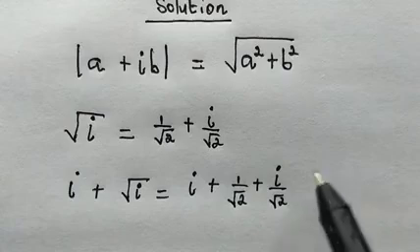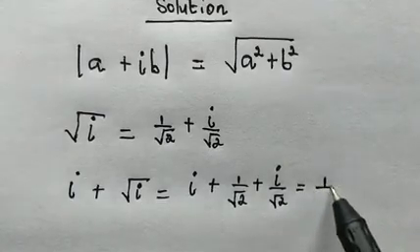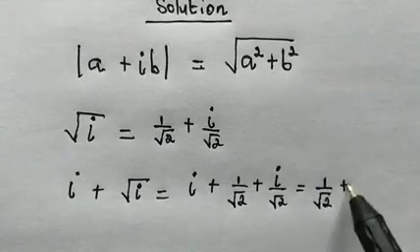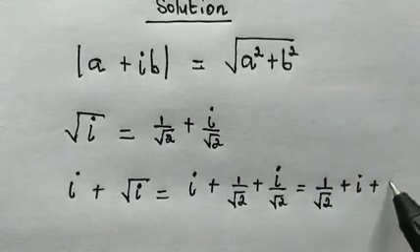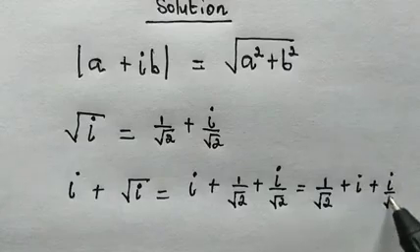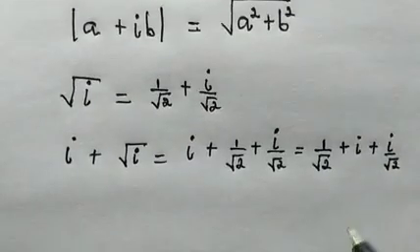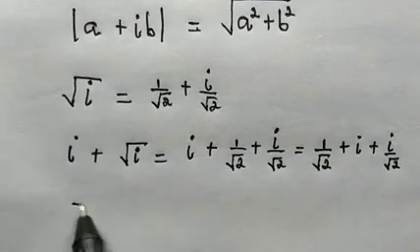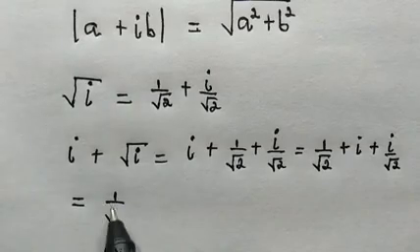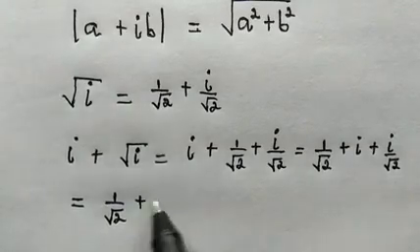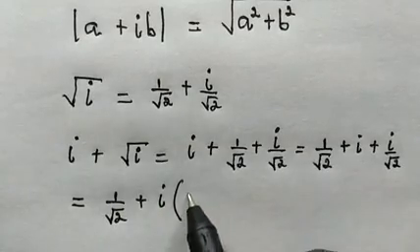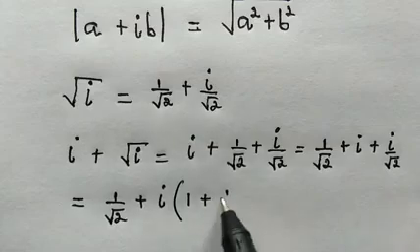So let's group. For the real part, we have 1 over square root of 2. Then plus we have iota plus iota divided by the square root of 2. Now, all we need to do is factor out iota. So this is equal to 1 over the square root of 2 plus, if we factor out iota, the imaginary part is 1 plus 1 over the square root of 2.